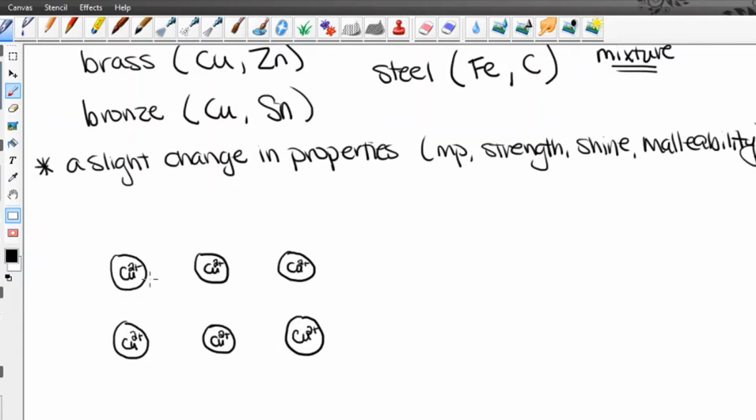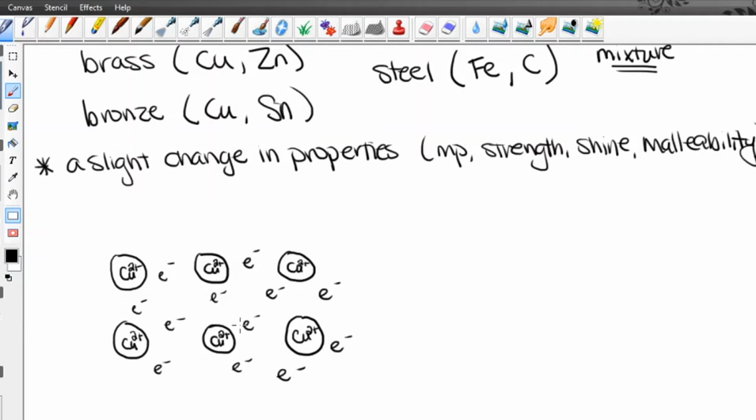So if this is a copper 2+ sample, we would have 2 electrons being donated to the electron sea. So for every copper atom, there are just 2 free-floating electrons moving all throughout this structure. And that's what my sea of electrons would look like. They could just move around, and this would be shiny and malleable and conductive.